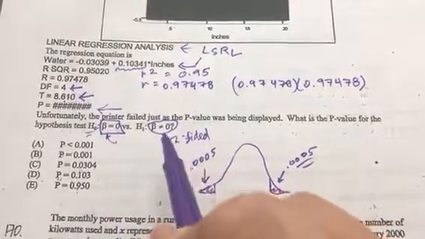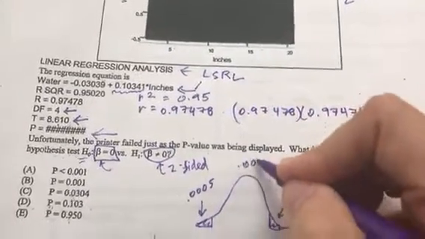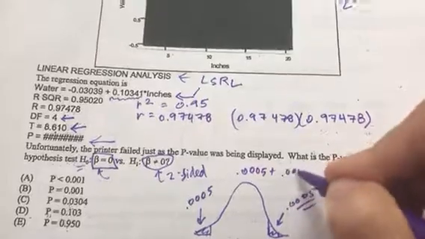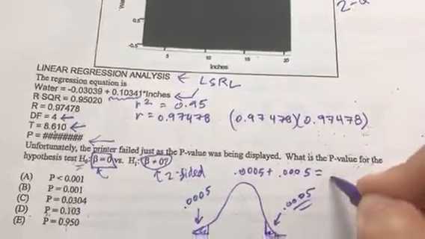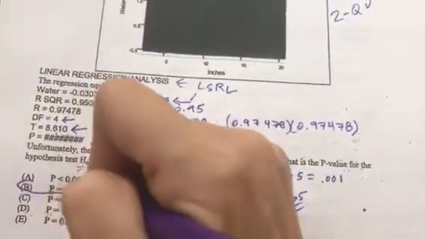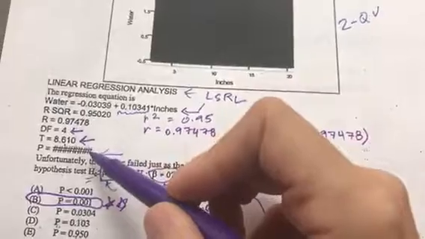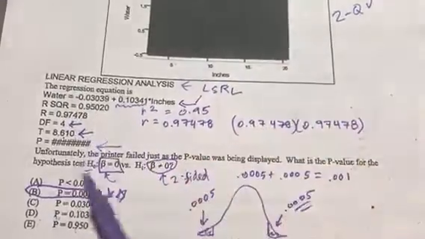But they definitely said a two-sided test. So when I add these two values, I get that. So I'm going to go with answer B. That's the probability that the computer would have come up with had the computer not failed the print job.